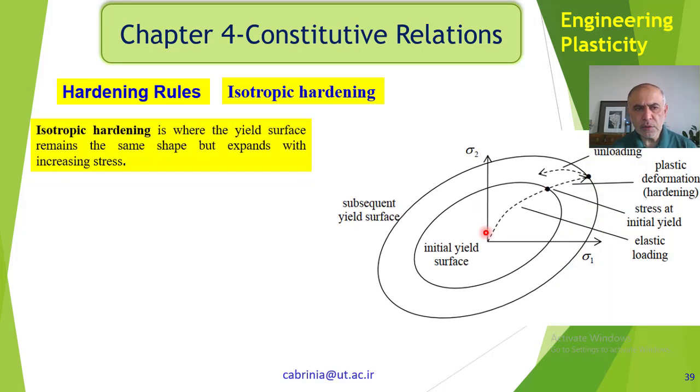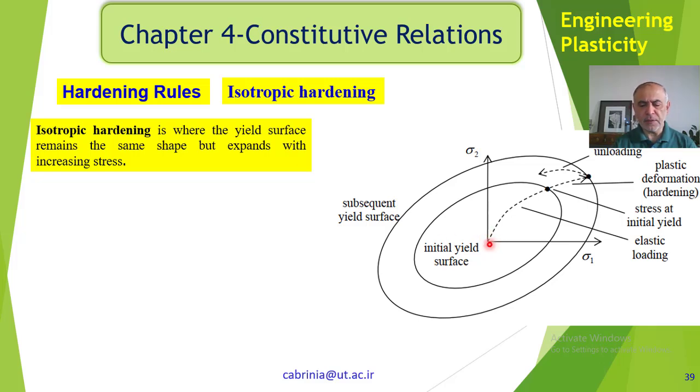Now we are going to introduce different hardening rules. The first one which comes to mind is called isotropic hardening. Isotropic hardening is where the yield surface remains the same shape but expands with increasing stress.